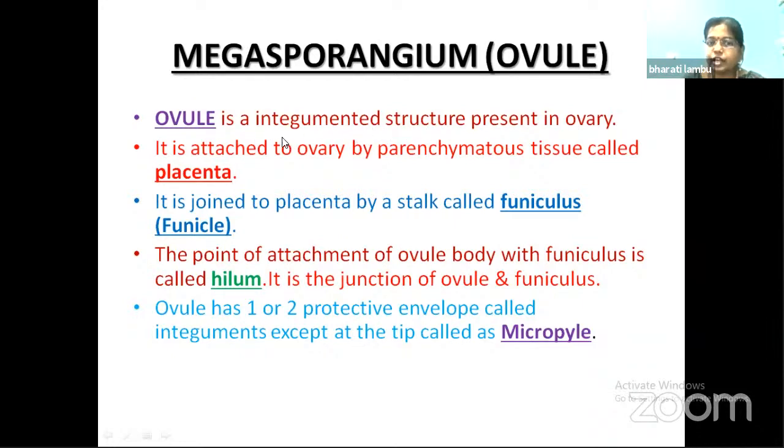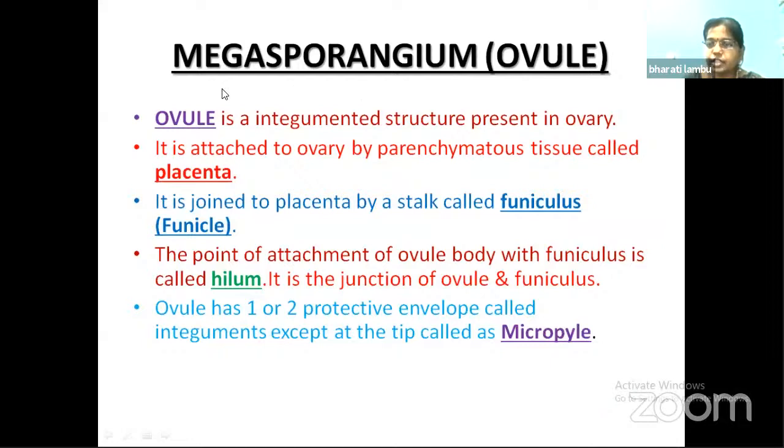Why is it called an integumented structure? Because the ovule is essential for the formation of the seed. That is why it should be protected. That protecting covering or layer is called integuments. That is why it is called an integumented structure. And the ovule acts as megasporangia.